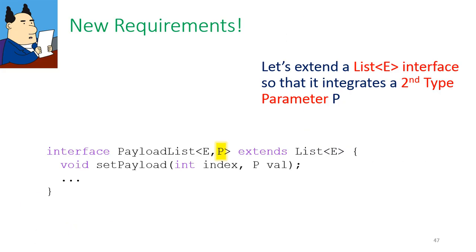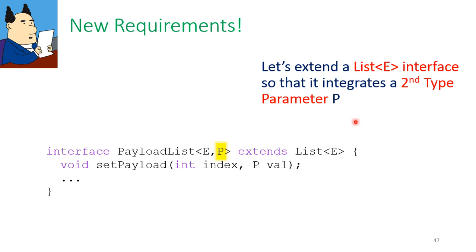So let's try to apply this and stretch it a little bit further, okay? We are going to combine what we've seen in those last two slides with adding additional type parameters to an interface that extends another interface.